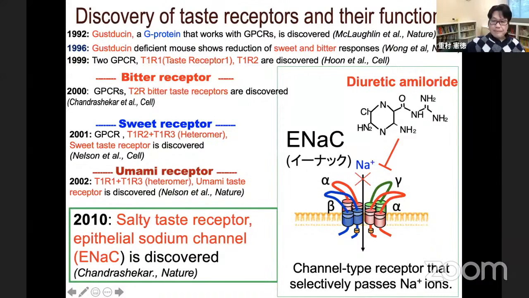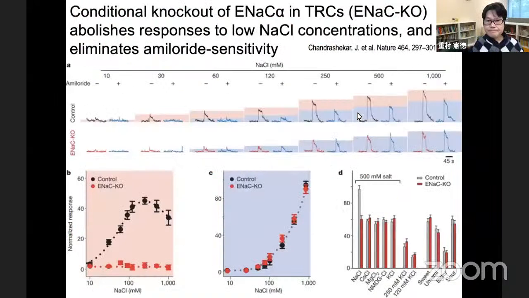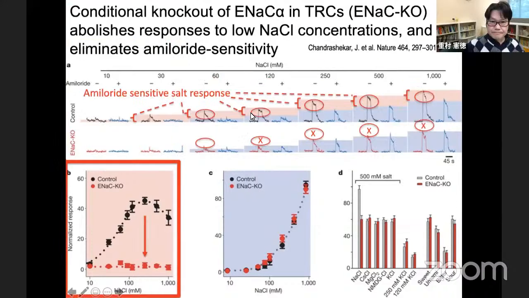Based on this hypothesis, a taste-specific ENaC knockout mouse was generated and their taste responses were examined. As a result, the amiloride-sensitive salty taste component specifically disappeared.